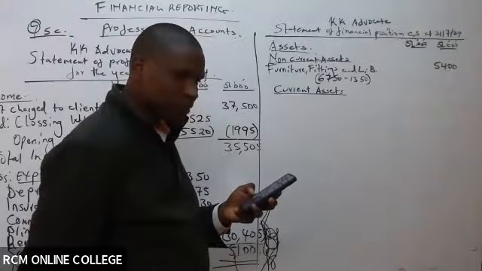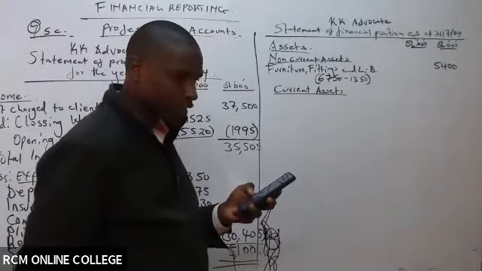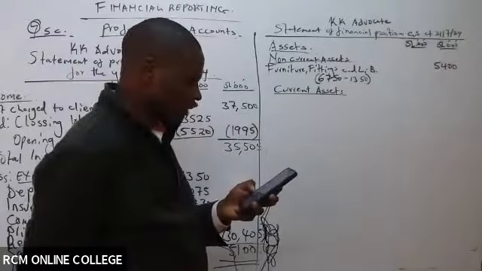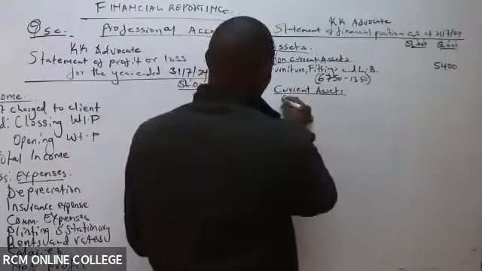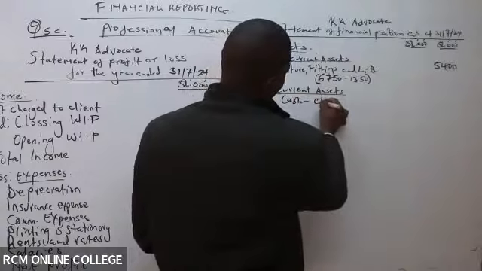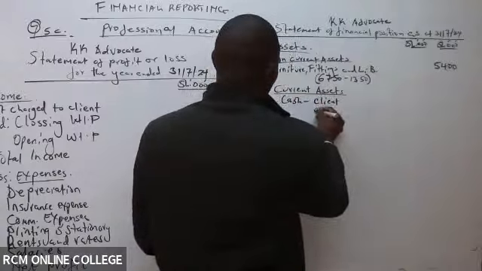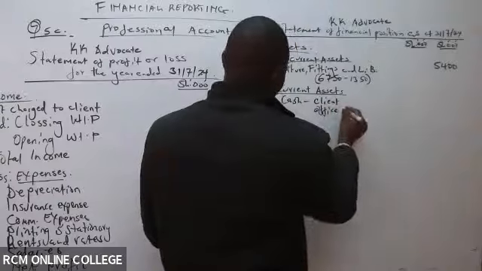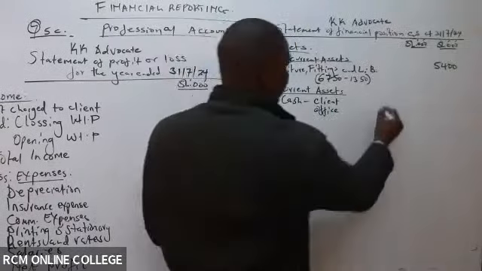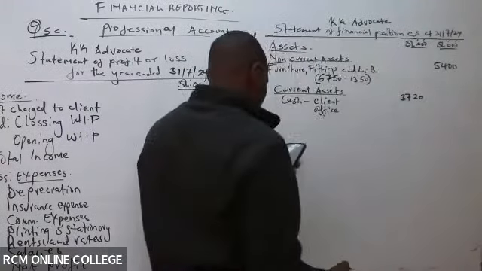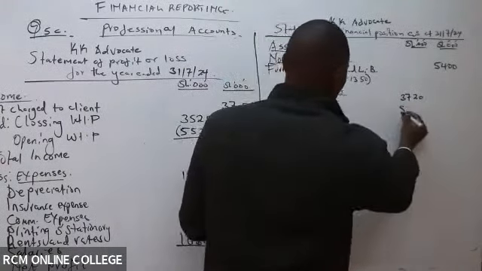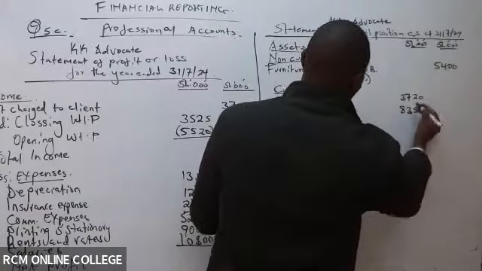Do we have cash at bank, and also cash for the client and for the office? For the client it is 3720, and the other one is 8355.